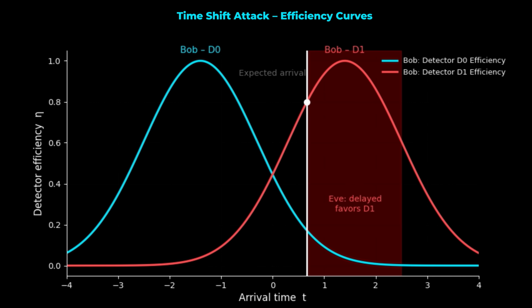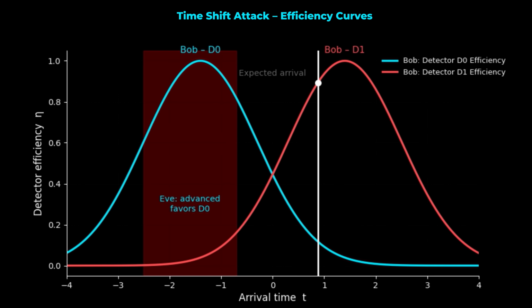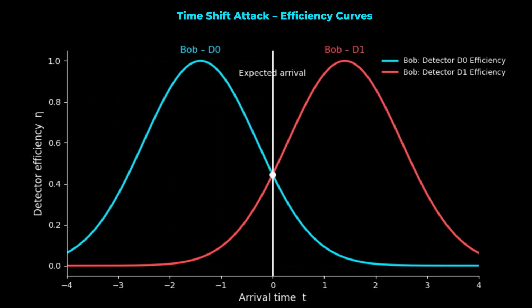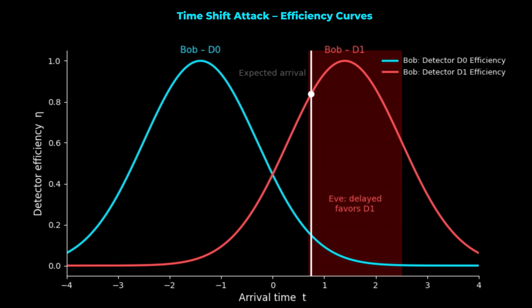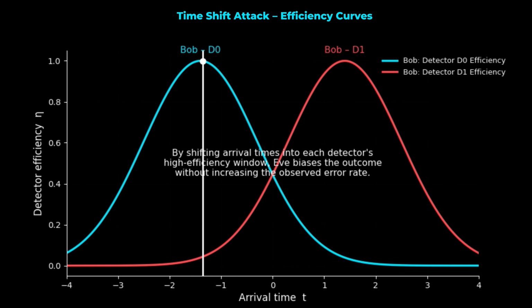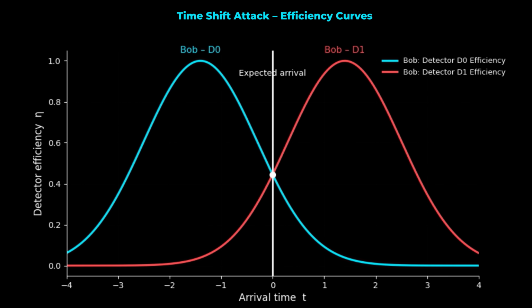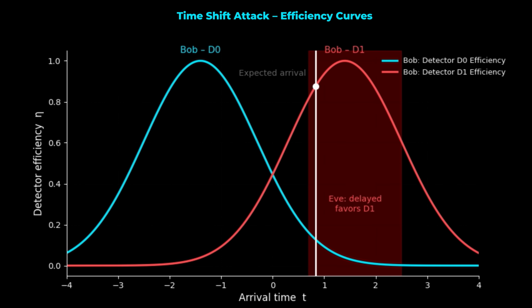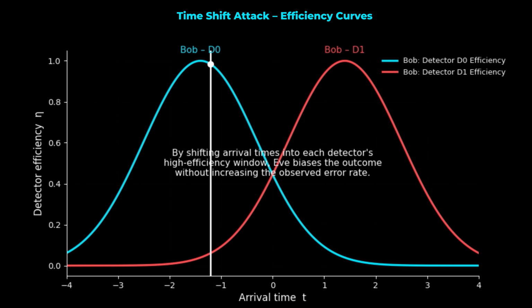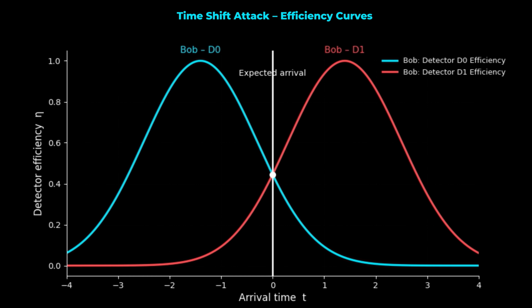These curves represent how sensitive each detector is depending on the exact arrival time of a photon. In a perfect system, both detectors would have identical efficiency across all times. But in real hardware, they don't. These mismatches, small, asymmetrical, and entirely unintentional, open a door for Eve.